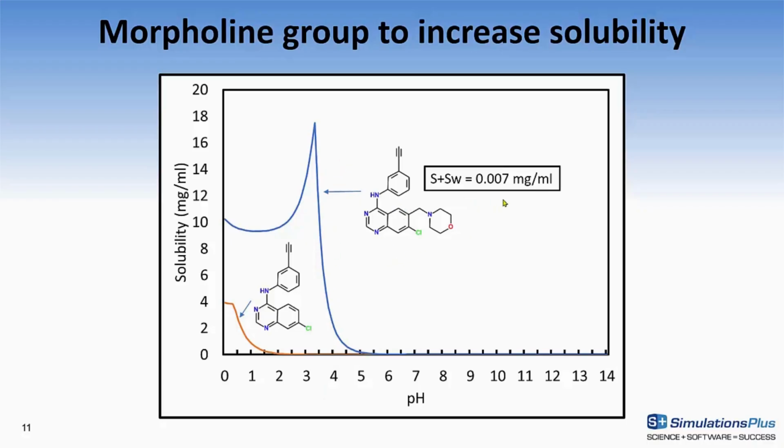Now, what we call the native solubility, the solubility of the saturated solution, is 0.007 milligrams per milliliter, compared to this other molecule that was 0.001. So this is 7 times more soluble at each one of their native pHs.